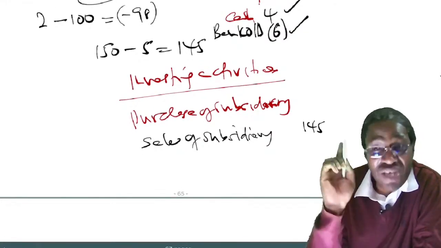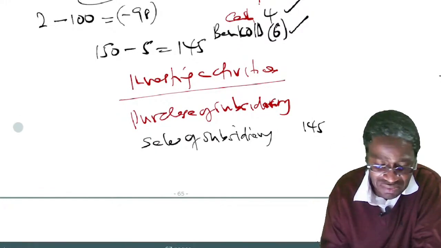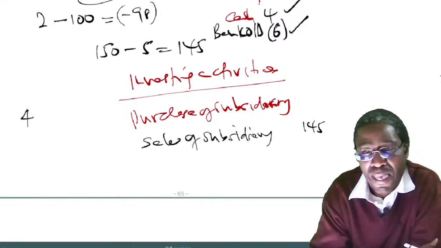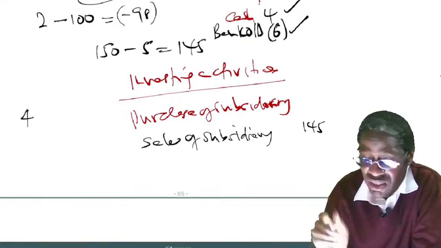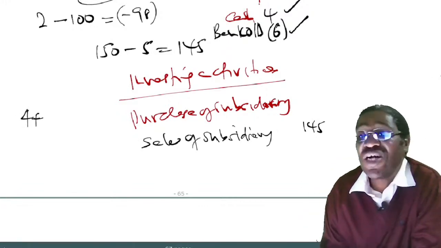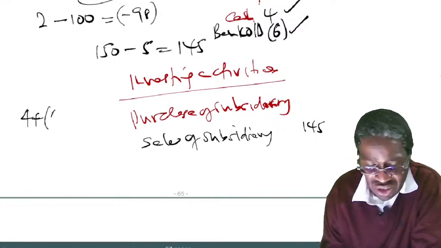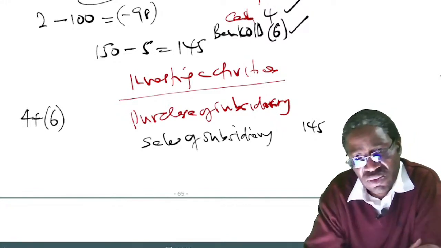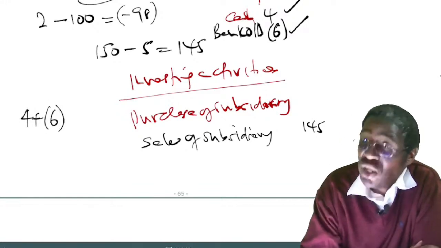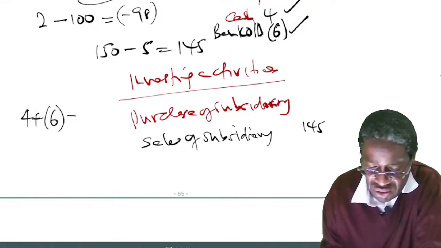Listen, what came in is cash. Let me put it here, 4 million. What else came in? Plus an overdraft of 6 million. That overdraft is a negative, don't forget. Then we paid 120 million, minus.